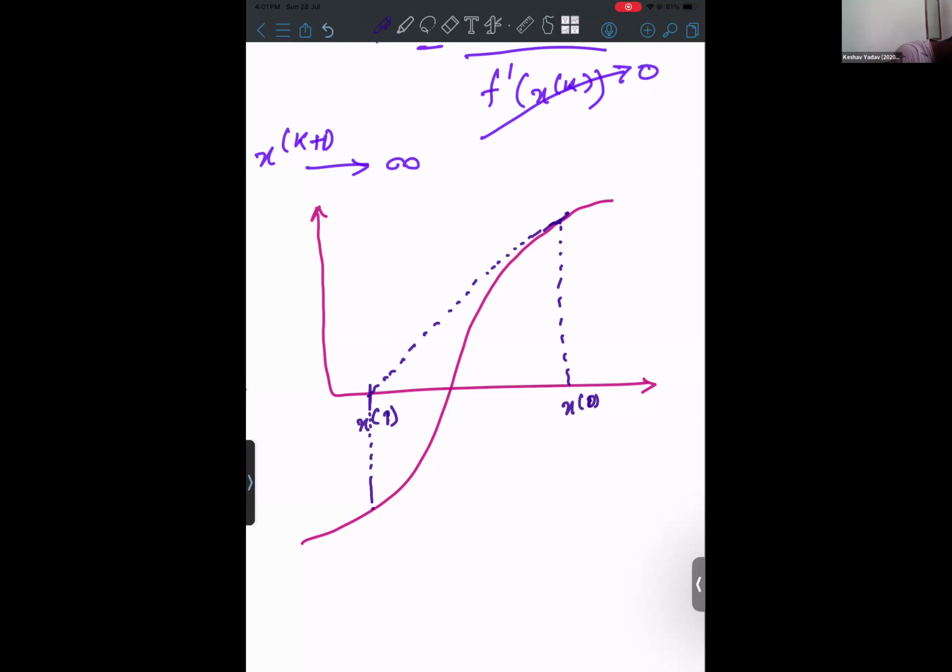If I draw a tangent from here, it cuts somewhere here. So this is my x at the second iteration.